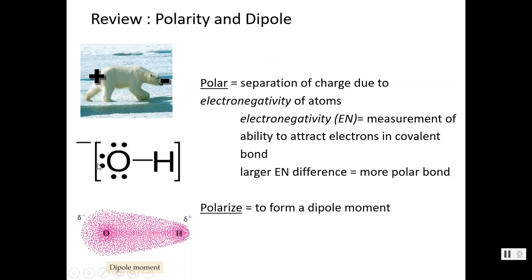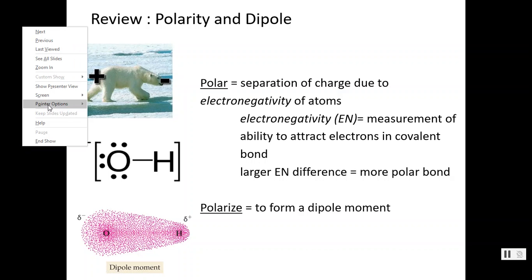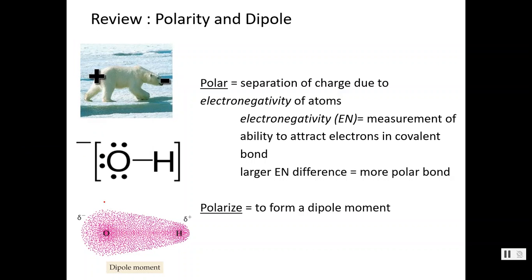So atoms that have high values of electronegativity tend to have those electrons more in a covalent bond, and therefore the connection between those two atoms is uneven, and that uneven attraction forms something that is called a dipole. So for example, in this OH bond, more of the electron density is by the oxygen than by the hydrogen.